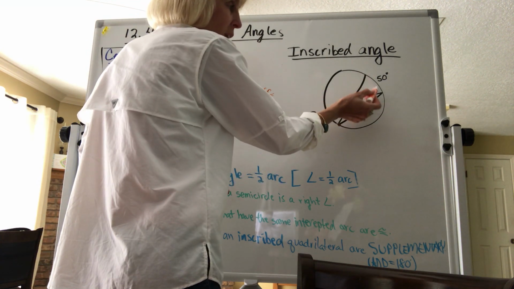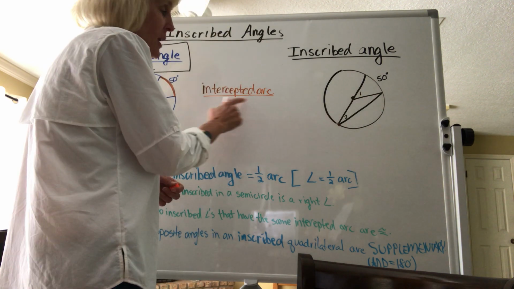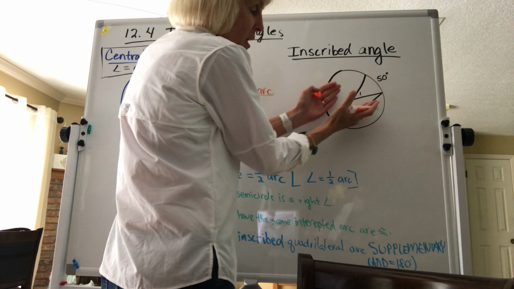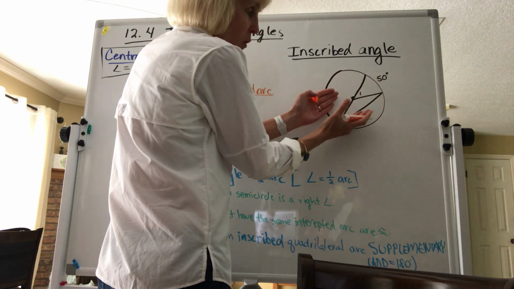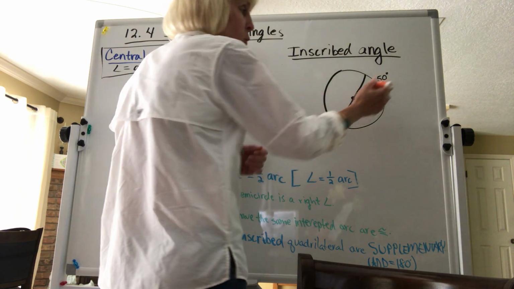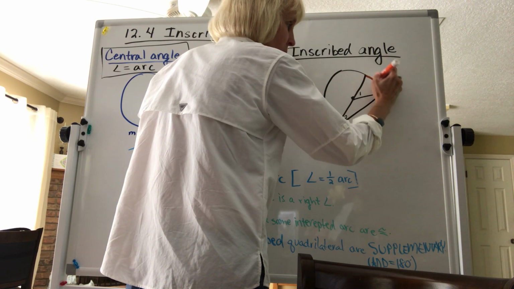If I were to make this segment, it would be an inscribed triangle. The intercepted arc is still going to be very important. Now we no longer have radii as sides of our inscribed angle. We now have two chords. And remember, the diameter is a chord. So my intercepted arc is 50.